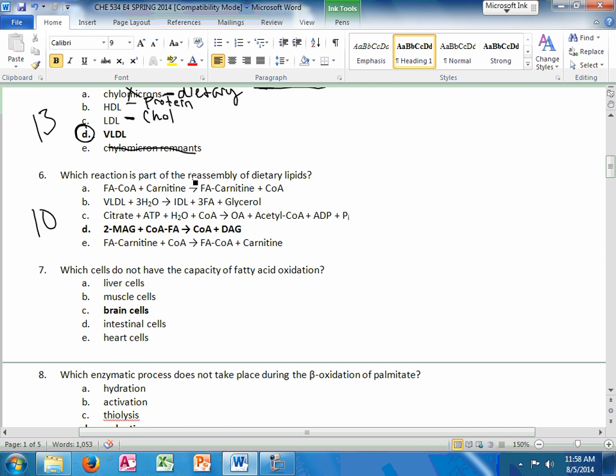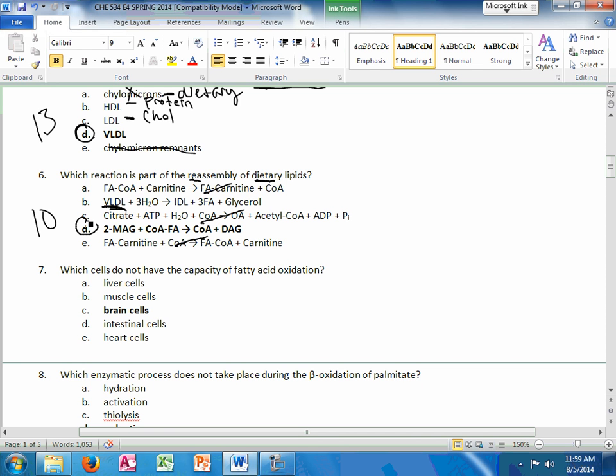This reaction is part of the reassembly of dietary lipids. So without knowing anything here, there's only one. You have the carnitine shuttle that shows up twice, something from the citrate shuttle. None of this has to do with dietary lipids, and we haven't seen any reactions with VLDL in the actual reaction. So you can process of elimination.